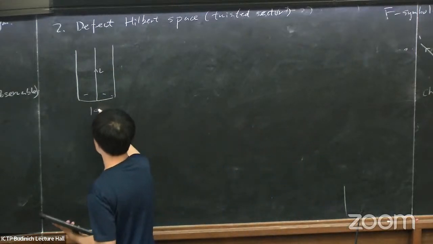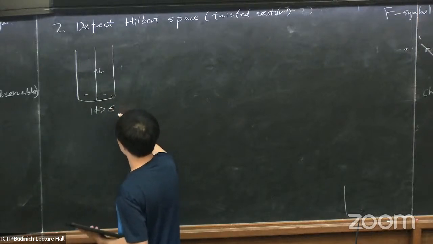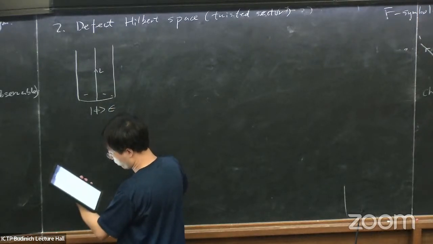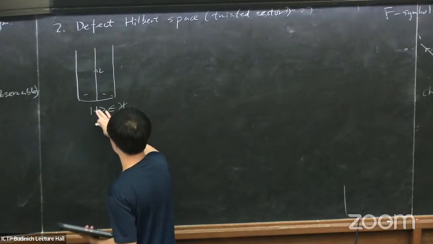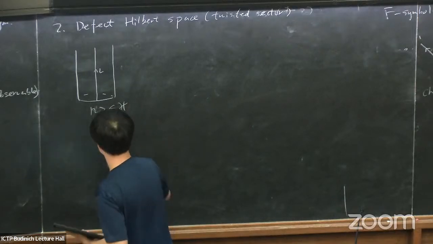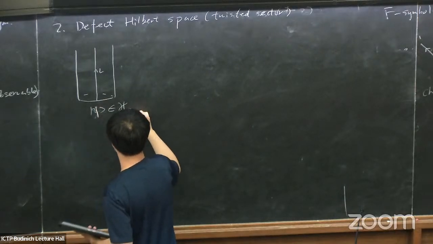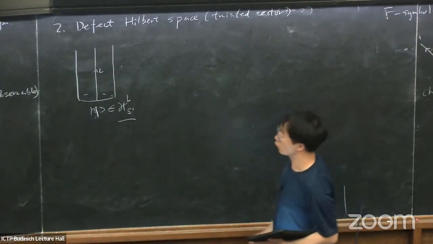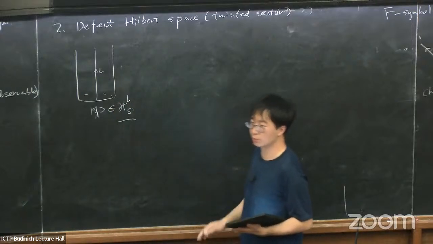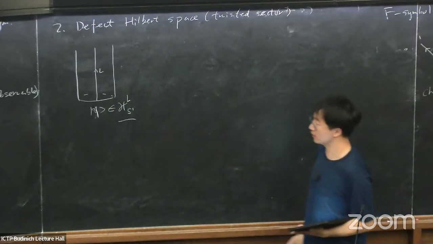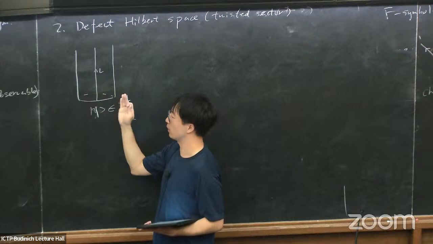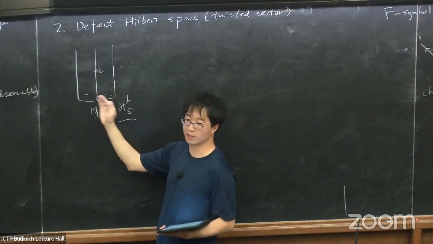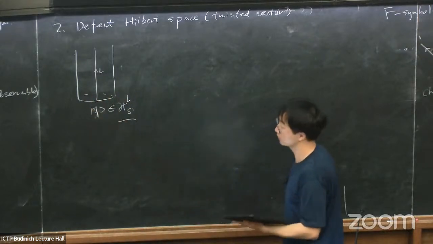In which case the Hilbert space gets deformed, and the general state inside the Hilbert space, I'll denote by psi, gets deformed into this twisted Hilbert space. In the special case when L corresponds to a group-like symmetry defect, this is nothing but the Hilbert space with the twisted boundary condition imposed on the spatial circle.